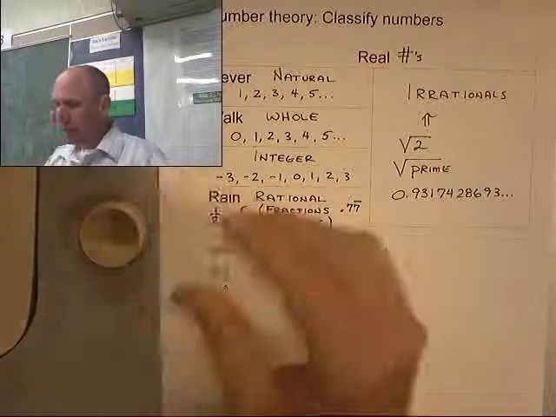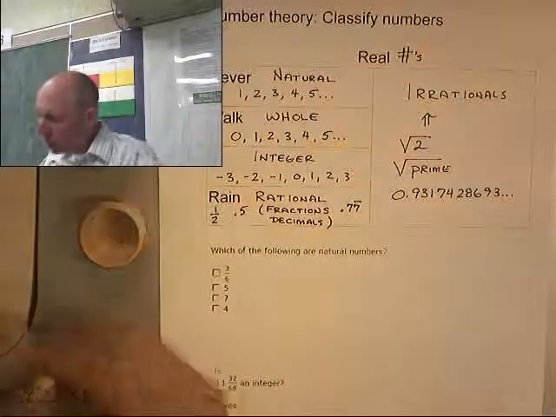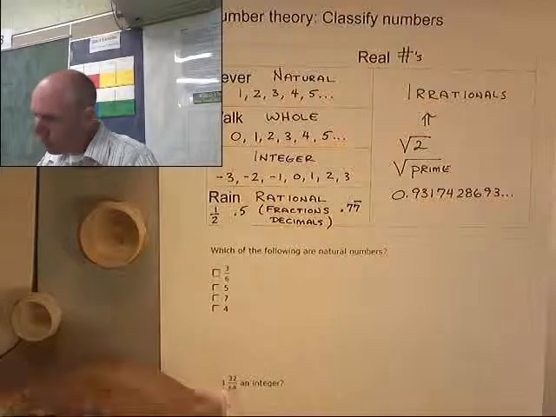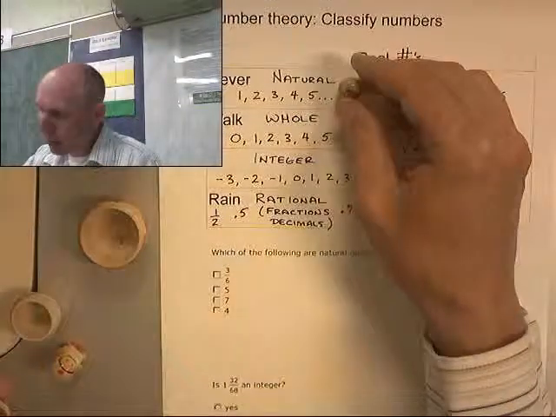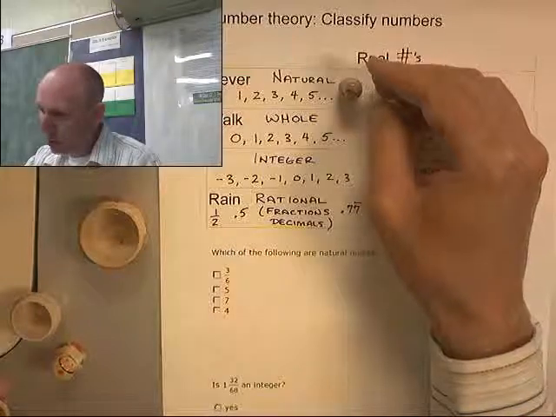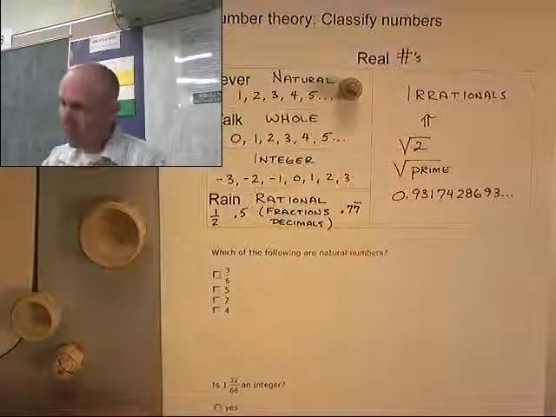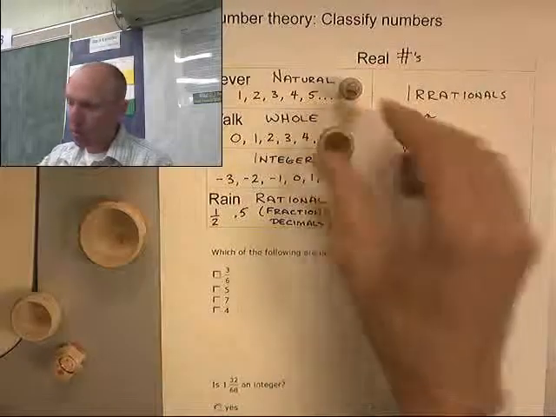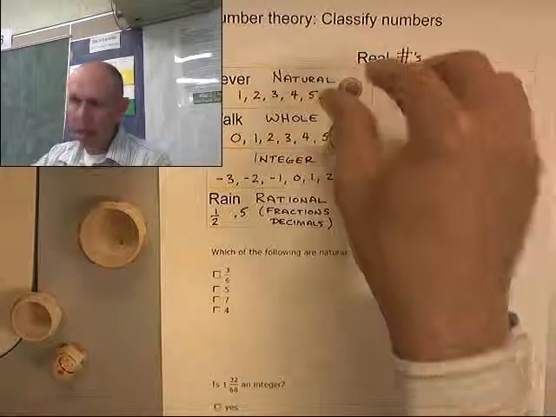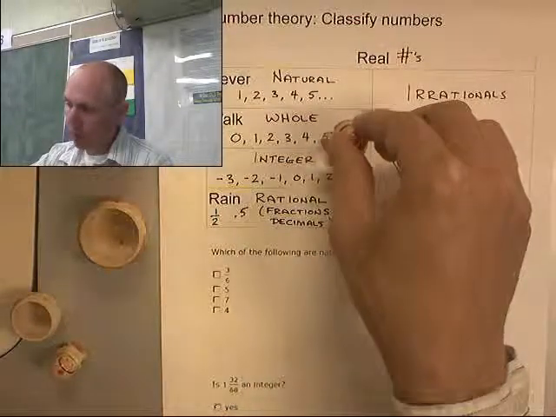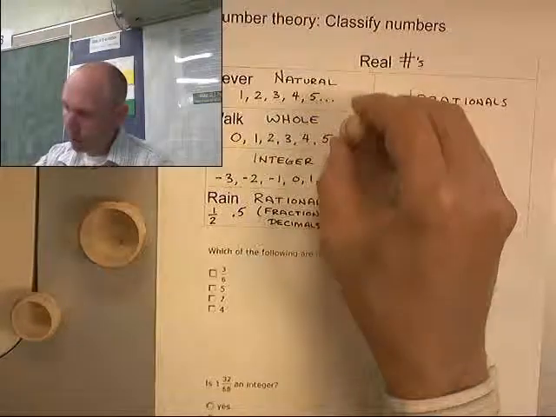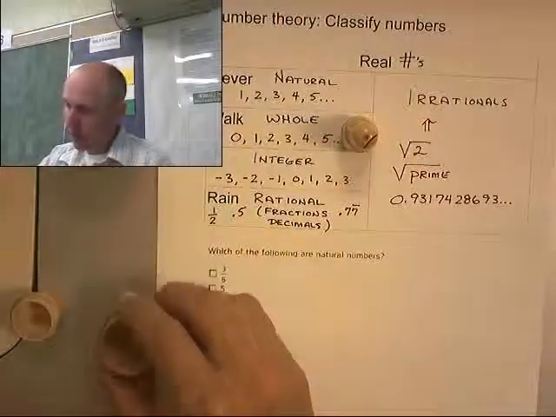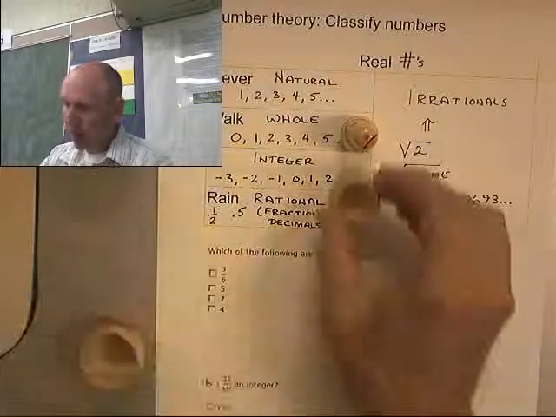So, you see how the little nesting doll works. If this were the natural numbers, the natural number fits inside of the whole number. And all the whole numbers fit inside the integers.